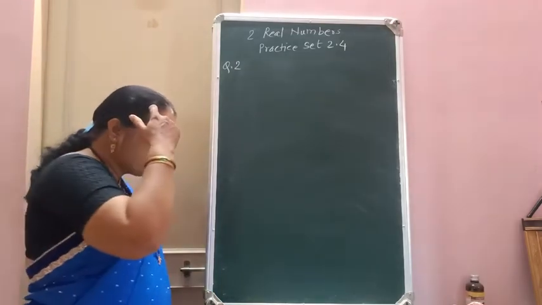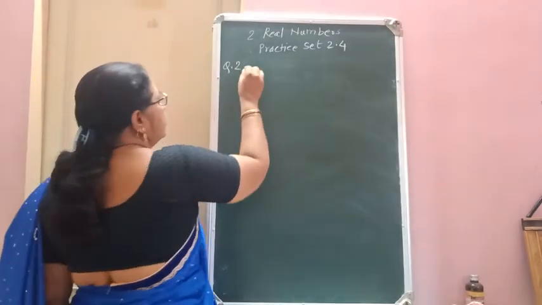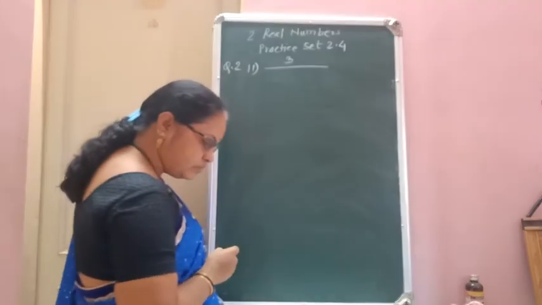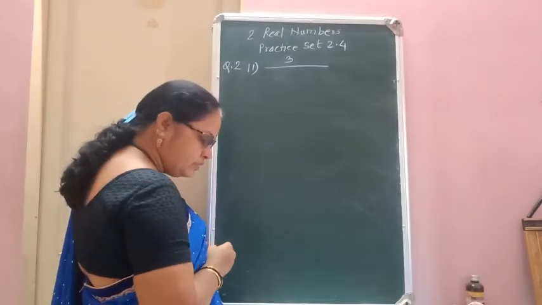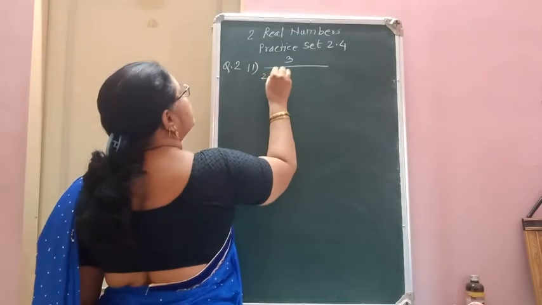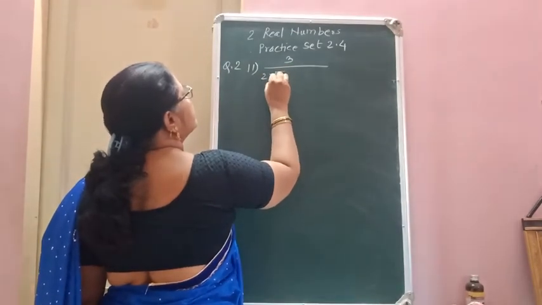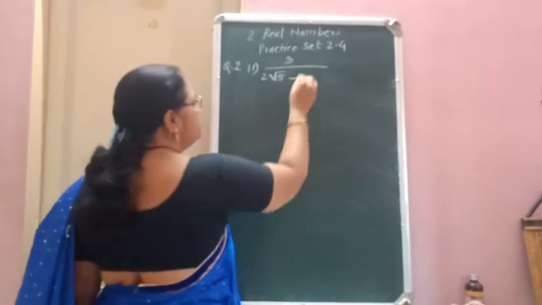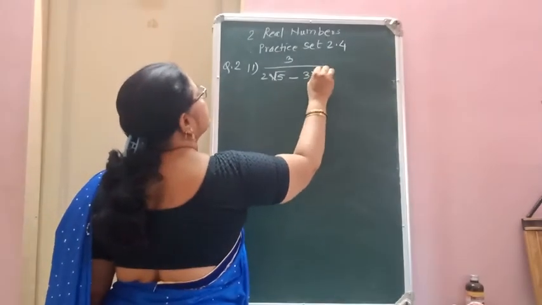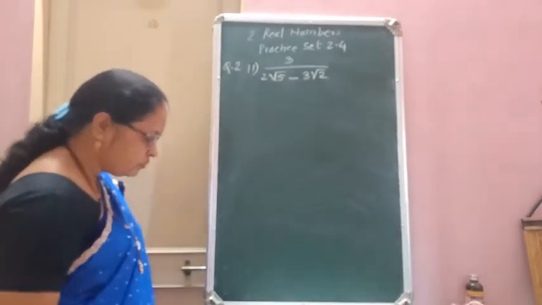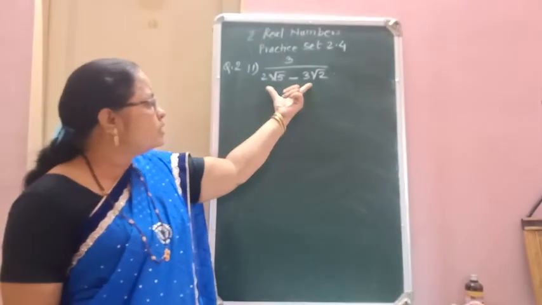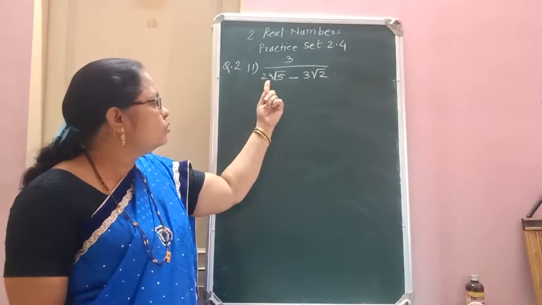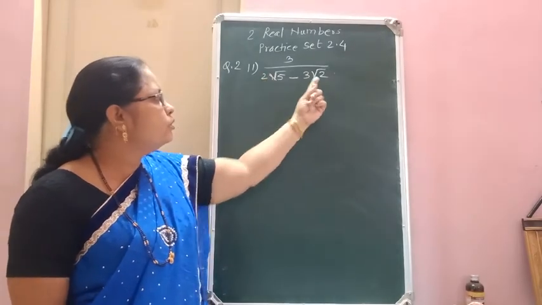The complex conjugate pair of root 7 plus root 2 is root 7 minus root 2. In the second example, we will see 3 upon 2 root 5 minus 3 root 2. What is the conjugate pair of this number? The conjugate pair of this number is 2 root 5 plus 3 root 2.